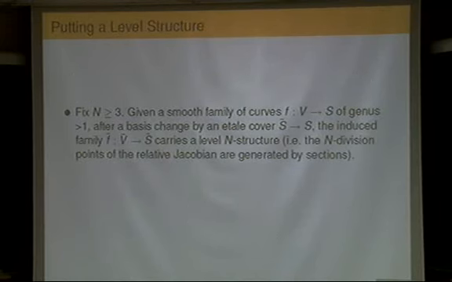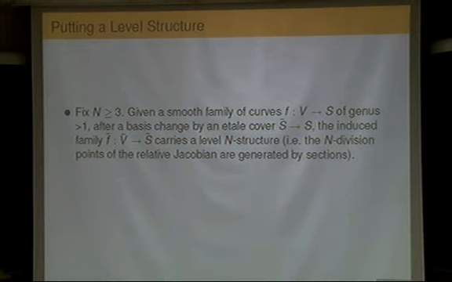First we need some universal family of curves. So we need to give a level structure. This is a standard result that for any integer n, if you are given a smooth family of curves of genus bigger than 1, then after base change by an étale cover, you can give a level structure.